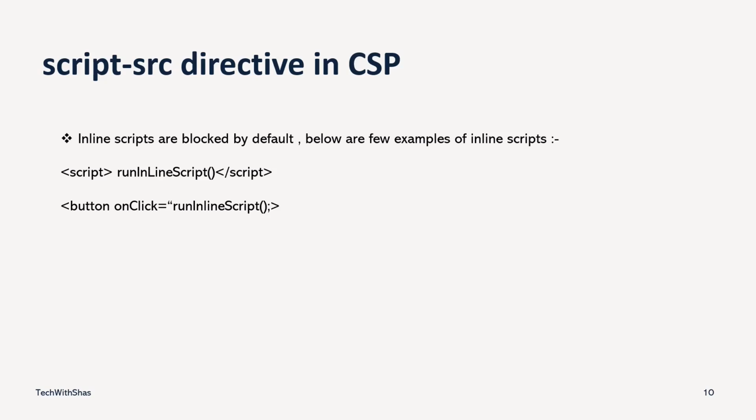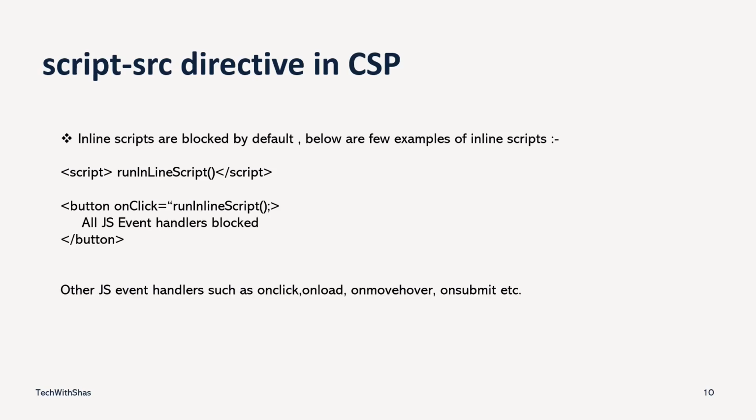We have our script between the script tags with JavaScript code running in between, and also event handlers like on click, on load, on mouse hover. They are basically inline script. All inline script is blocked by CSP by default.